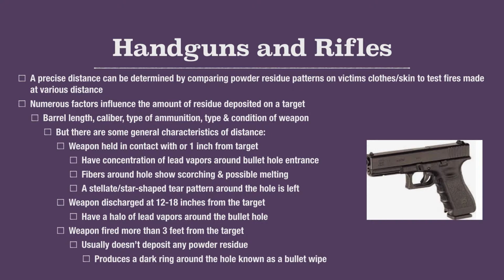There are, though, numerous factors that influence the amount of residue that is deposited on the target. So barrel length, the caliber of the gun, the type of the ammunition, and the type and the condition of the weapon as well.